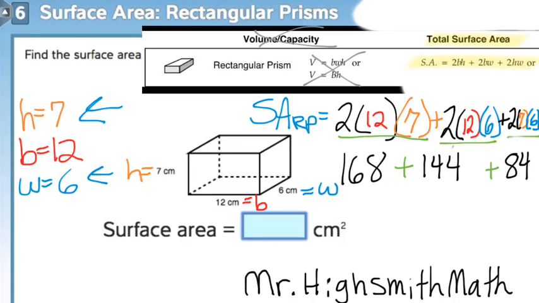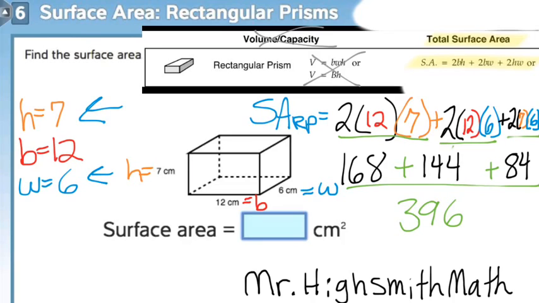Alright, so then the next step is to add all these together, because that's what order of operations tells us. And when we add all those numbers together, we get 168 plus 144 plus 84, 396.